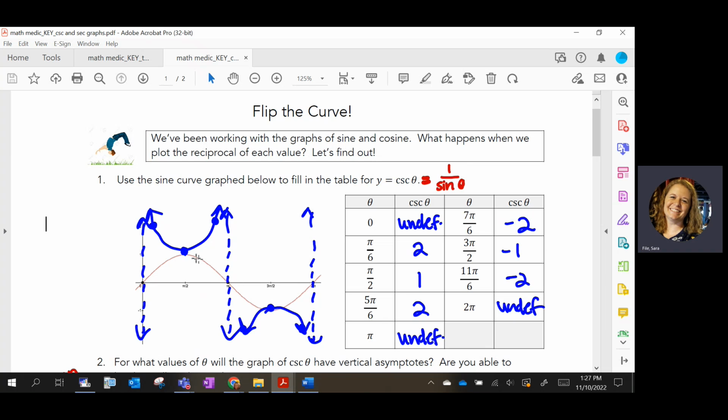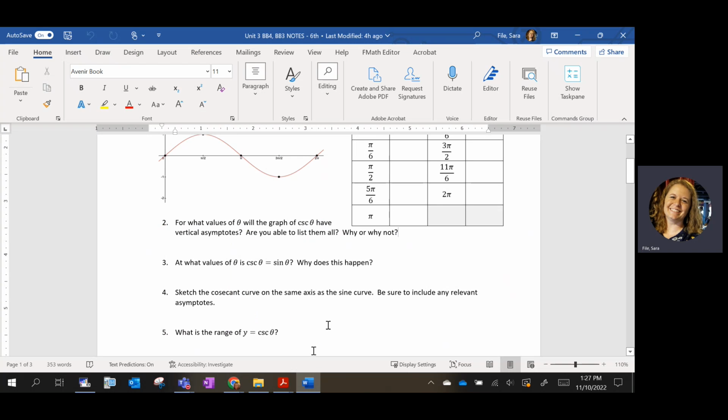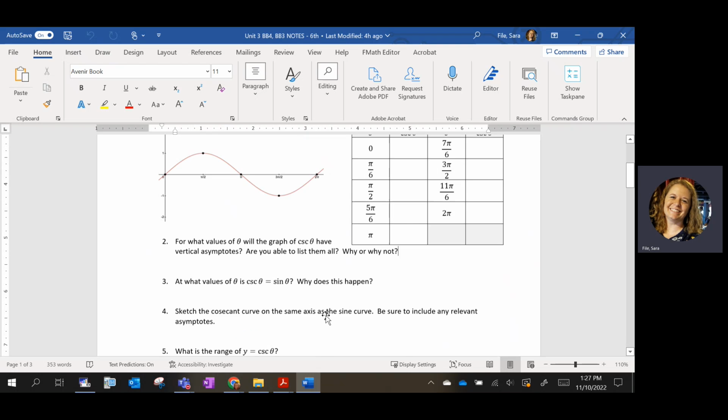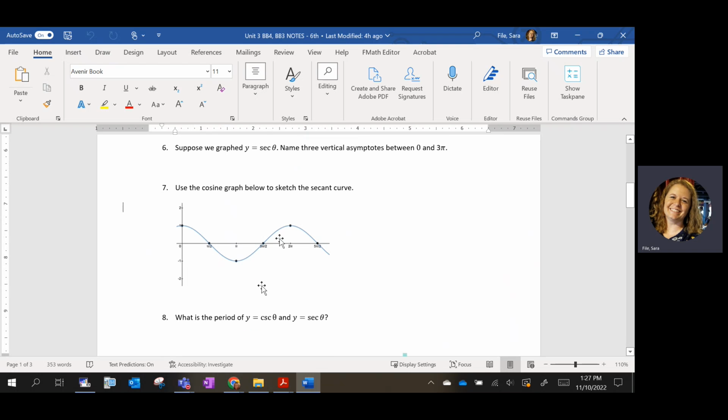So you can make a table if you need to answer number 7, or some of you will be able to just come up. Notice that anywhere an x-intercept is on sine or cosine, that becomes an asymptote on its reciprocal. So you should be able to get the secant graphed on top of the cosine graph here.